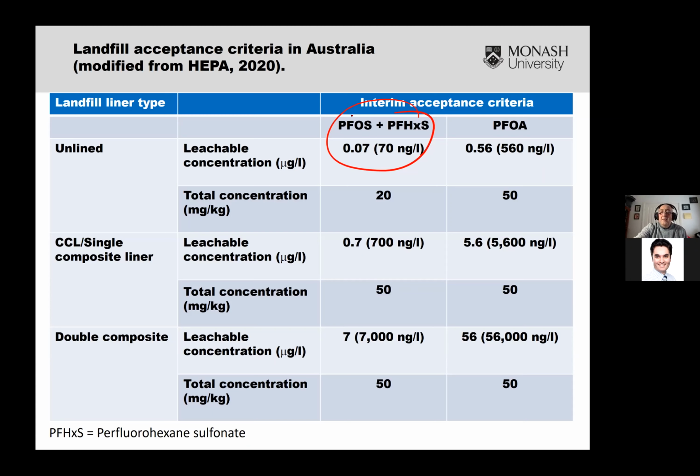So these acceptance criteria, again, are a function of the type of liners you will select, and these numbers will change accordingly. Now, just for a sense of scale, these figures are reported in nanograms per liter. So 1 nanogram per liter represents 1 drop of water in 20 Olympic swimming pools.